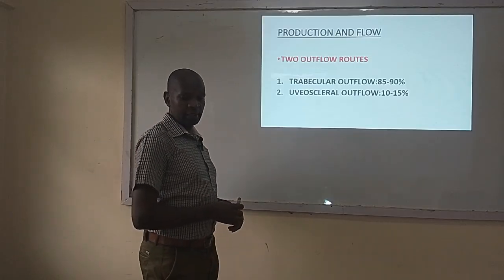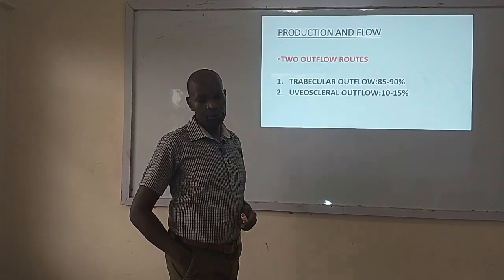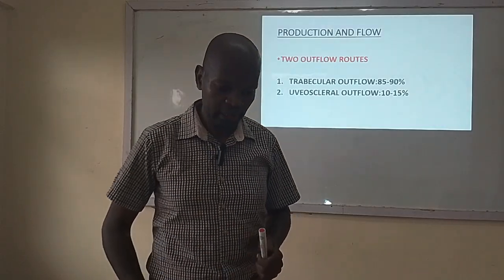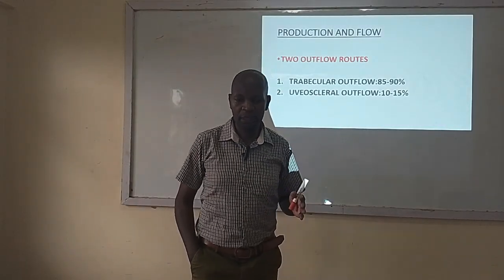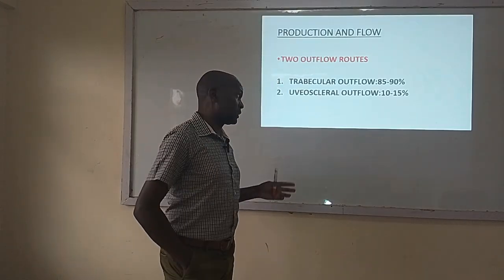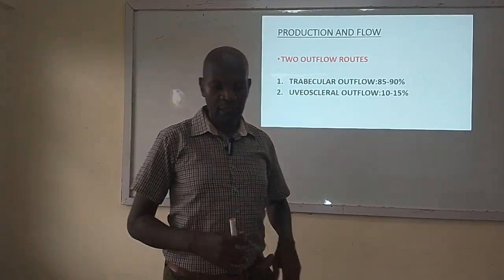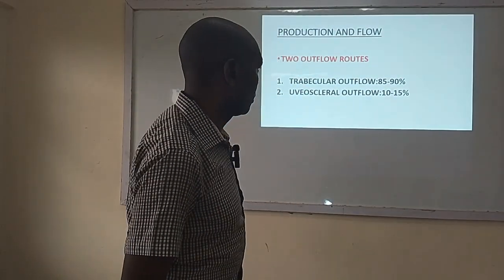So you'll realize that whenever we have blockage in the trabecular outflow, there will be accumulation of aqueous humor in the eye, and that will give us increased eye pressure, which will lead to what we are referring to as glaucoma.